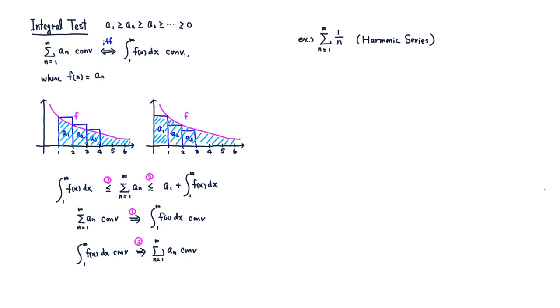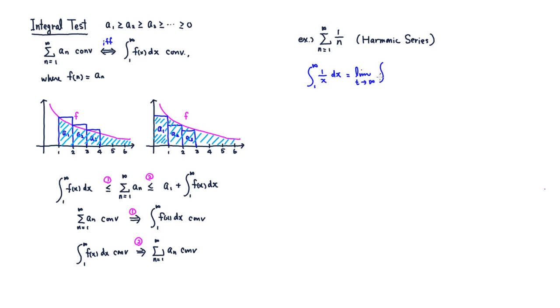The corresponding integral would be the integral from 1 to infinity. All you have to do is change 1 over n to 1 over x, dx. This is an improper integral, so we have to turn it into a limit, where the upper limit t goes to infinity.